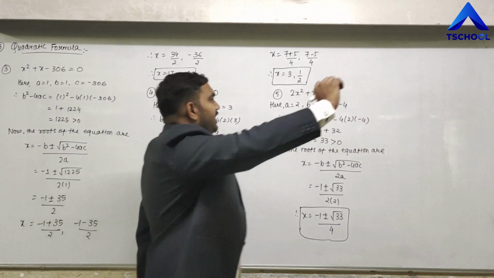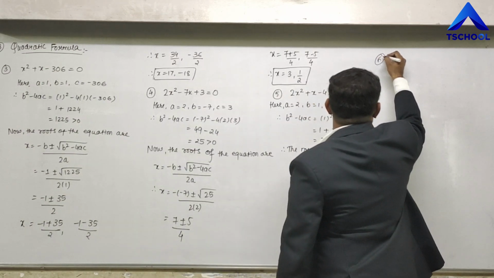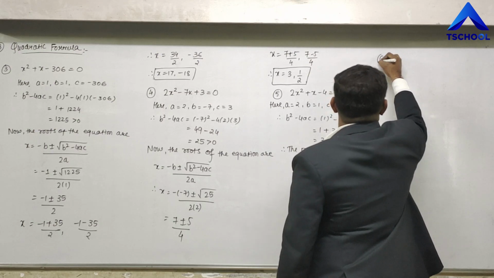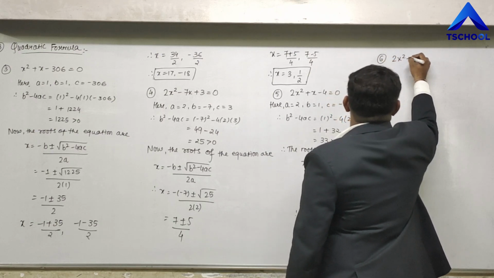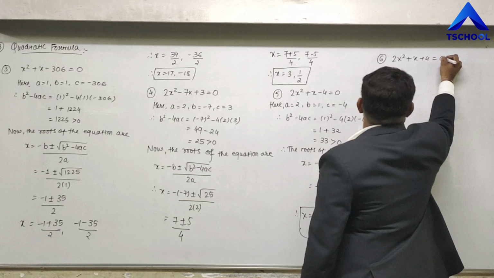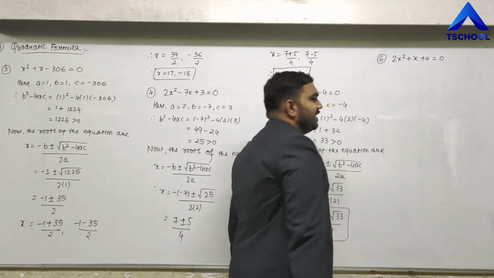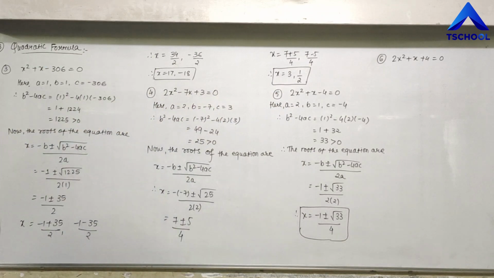Now see, one more example here is x square plus x plus 4 equal to 0. This is an interesting one, right?